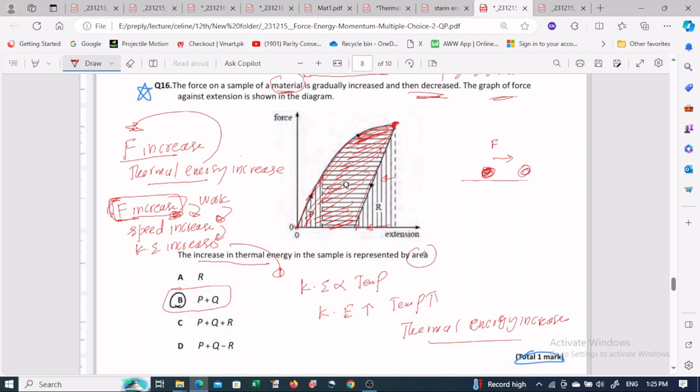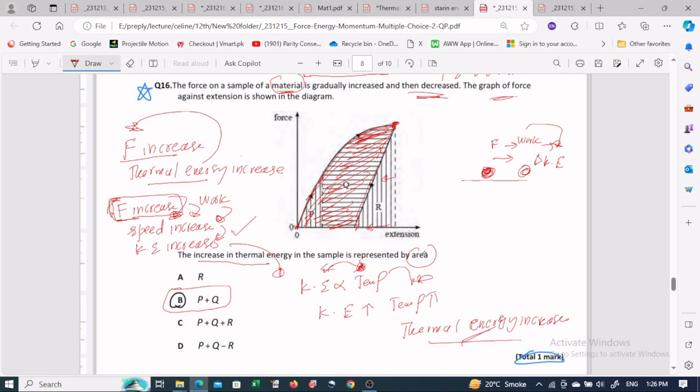This force performs work, and this work is equal to the change of energy. Similarly, when we apply a force on a material, the force increases, so we have to perform work, and work must increase the kinetic energy. The kinetic energy increase must be related to temperature, because when we increase the temperature, the molecules or any material objects must move at a faster rate. That's why kinetic energy and temperature are proportional, and a temperature increase means there is thermal energy.